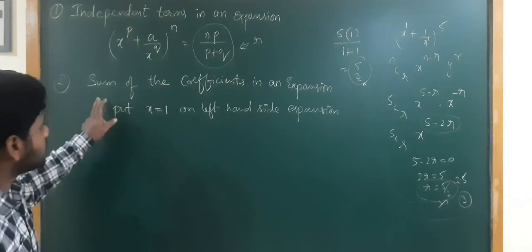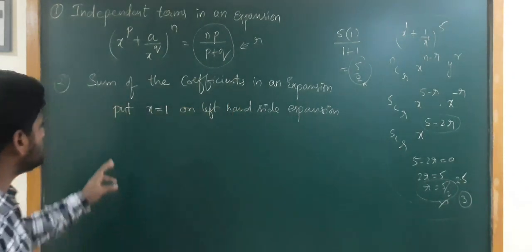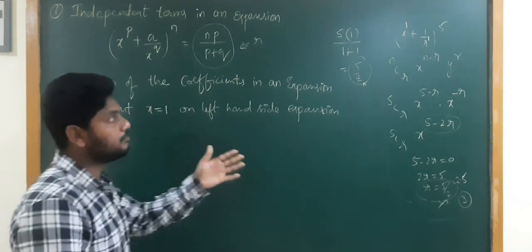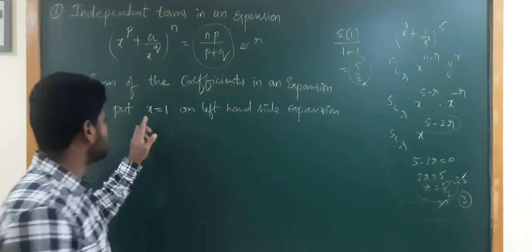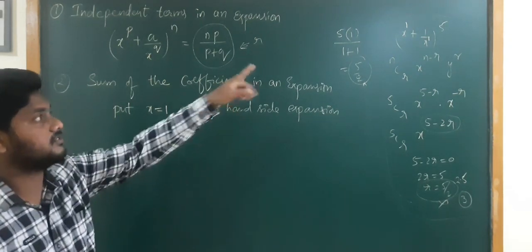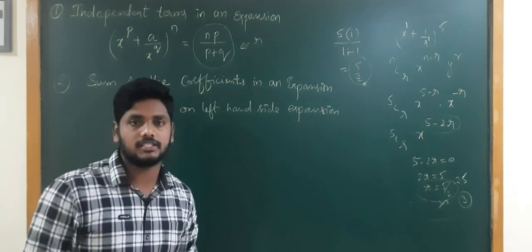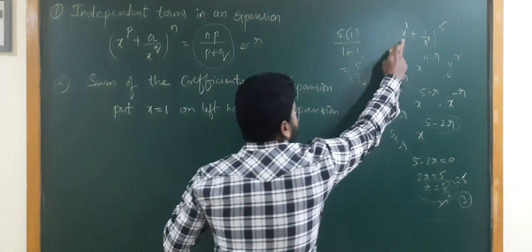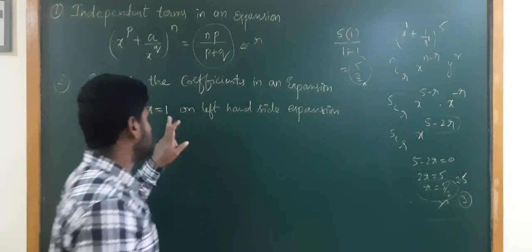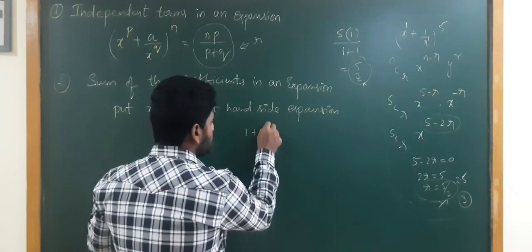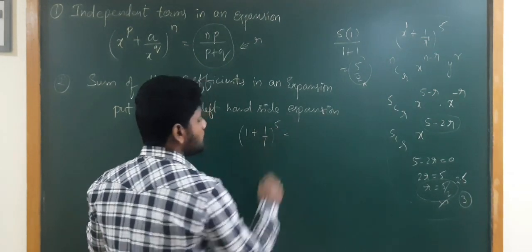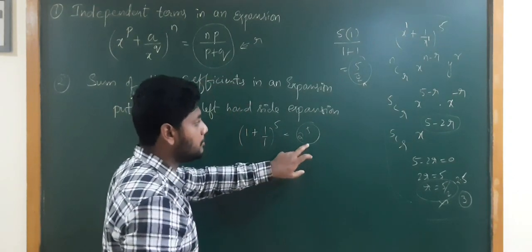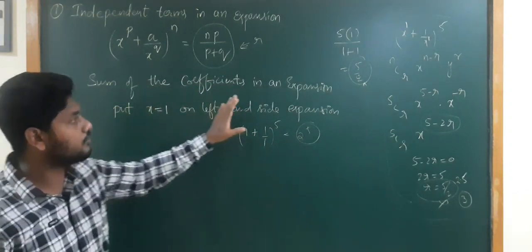We can put x equal to 1 when both the terms are in terms of x, like x + 1/x or x^2 - 1/(3x^2). For example, if this is the expansion (1 + 1/x)^5, put x equal to 1. We get (1 + 1/1)^5. 1 plus 1 is 2, so 2^5 is the sum of the coefficients in the expansion.